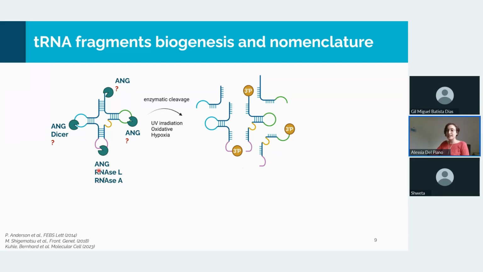All of these nucleases belong to the same superfamily, which is the RNase A superfamily, which also leaves a specific cleavage signature, which is represented by the presence of a 3' phosphate on the cleaved RNA molecule. Even though not all the nucleases involved in biogenesis of tRNA fragments are still known, and there is still an active area of research to try to identify other nucleases involved in their biogenesis.